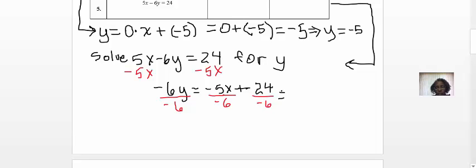And what results is y equals positive 5/6 times x minus 4. So I can see from that that my slope is 5/6.